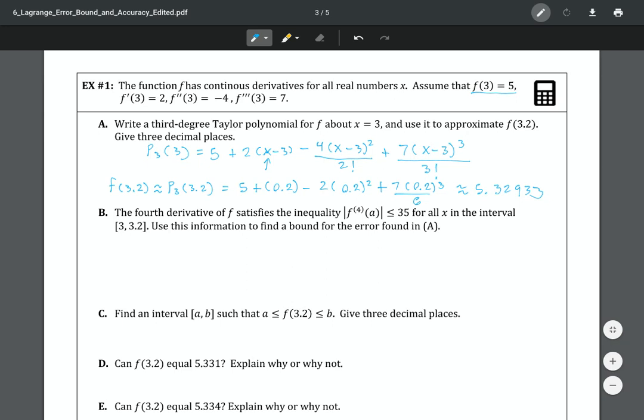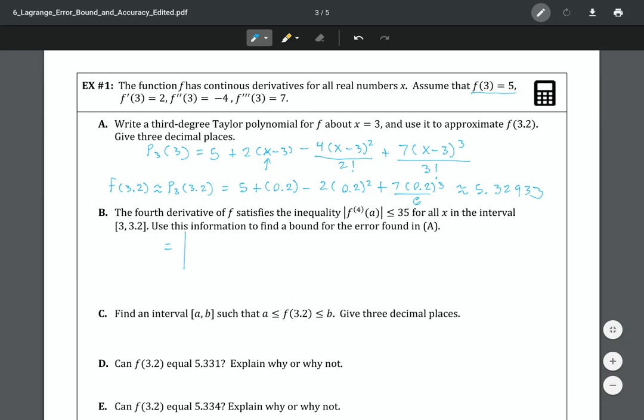So what we're going to do here, notice first of all, this is an alternating series, so we can use the first unused term. For us, the first unused term will be this.